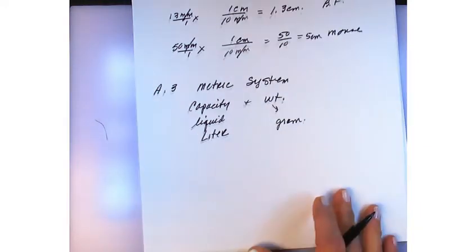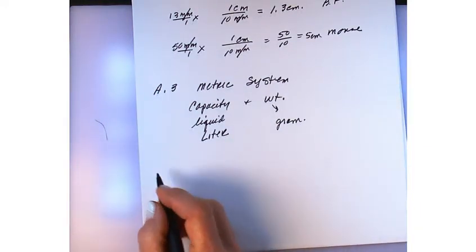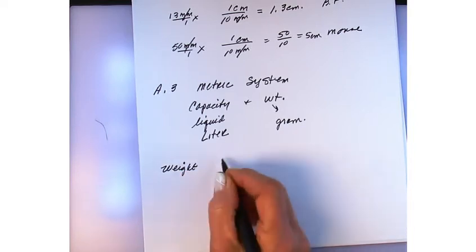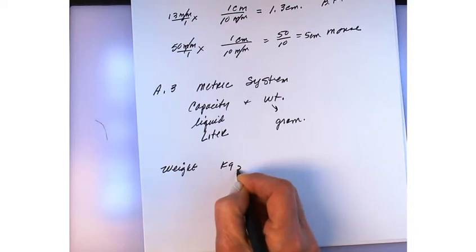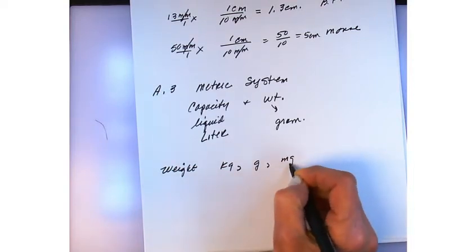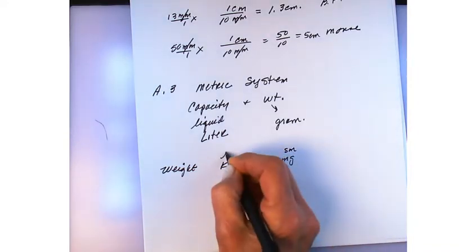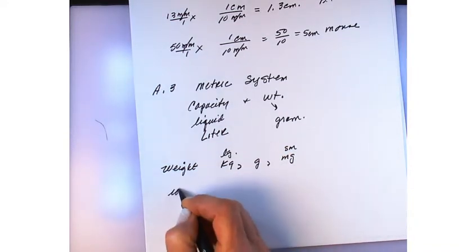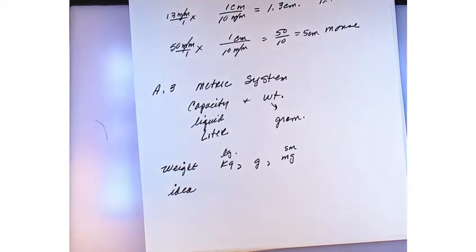So let's look. For weight, I have kilogram. We know that means 1,000. We have gram. We have milligrams. So this is the very smallest. That's the very largest. We need to have an idea.